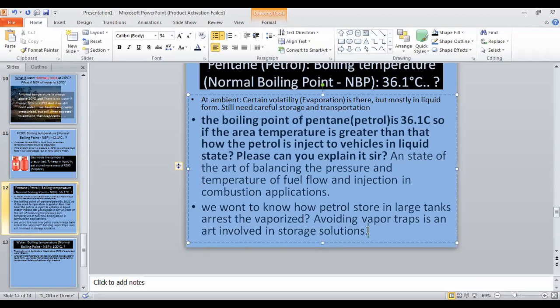So one is, of course, the systems should be isolated. That's why I think even in petrol stations, the petrol storages are underground. Means it's in complete isolation. Isolation means with the surrounding, fully separated.